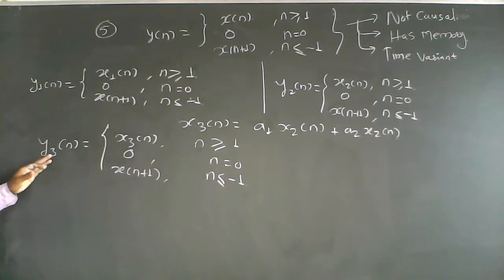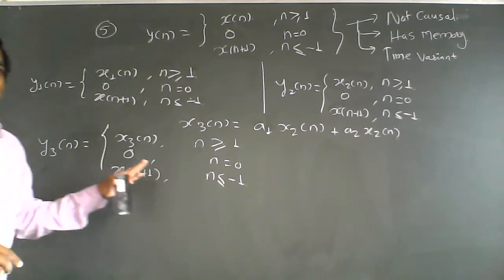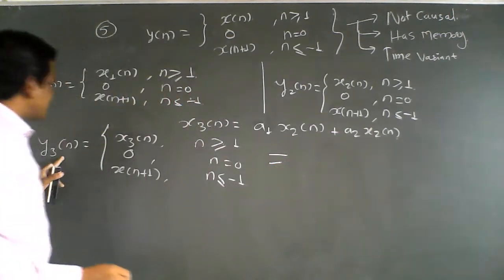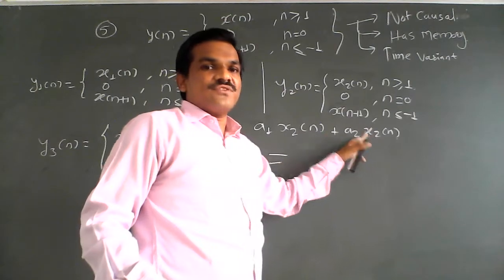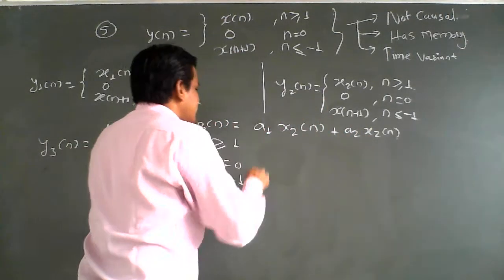This is the definition I have written for y3 of n. Now this same y3 of n can be written in terms of a1 x1 of n plus a2 x2 of n. So how do I write this y3 of n? Again I will write it here.